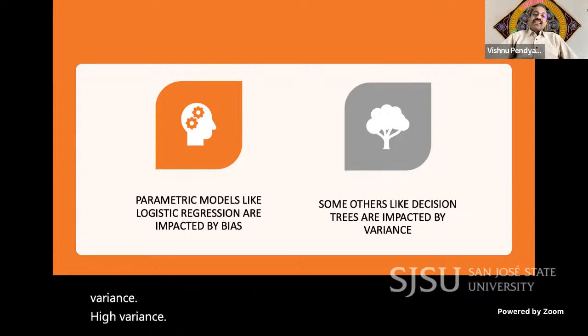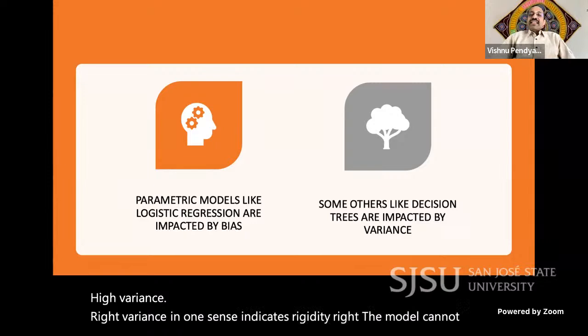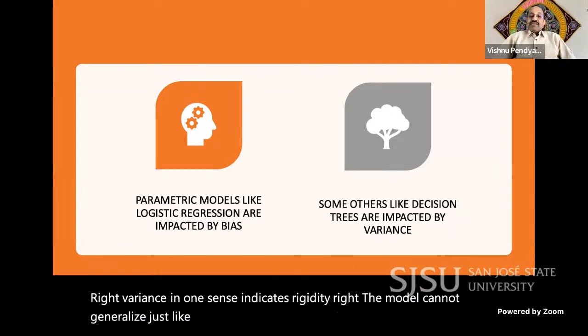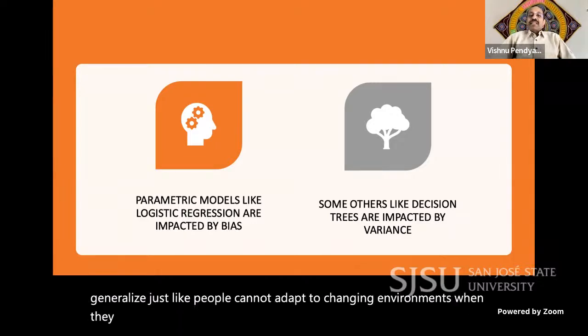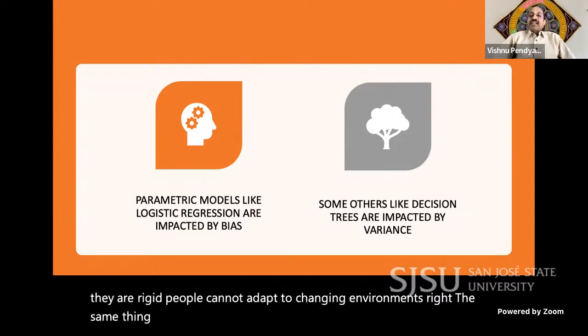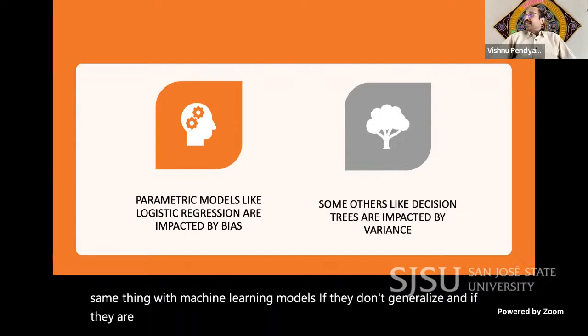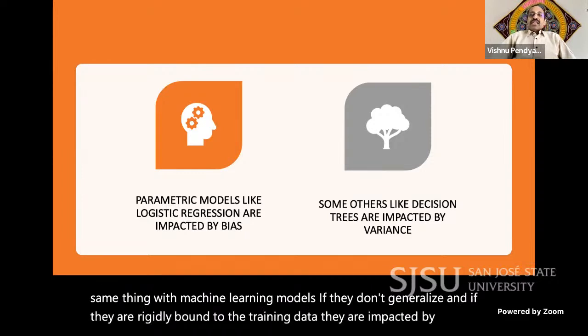Variance in one sense indicates rigidity. The model cannot generalize well, just like people cannot adapt to changing environments when they're rigid. The same thing with machine learning models. If they don't generalize well, and if they are rigidly bound to the training data, they're impacted by variance.